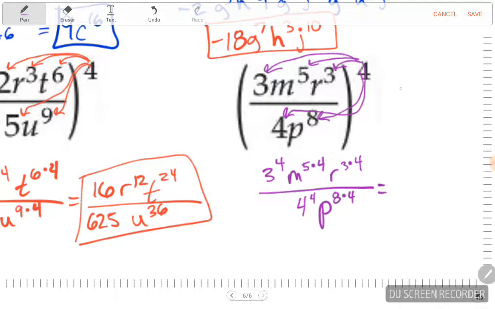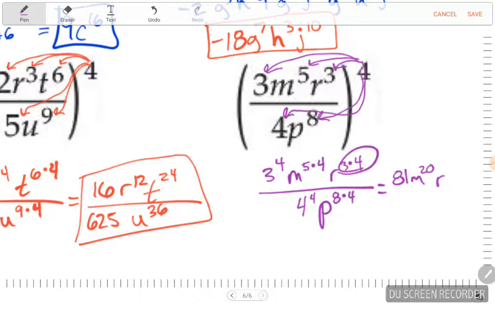3 to the 4th is going to be, let's see, 3 times 3 is 9, times 3 is 27, times 3 is 81. Okay, so I've got 81 times M, 5 times 4 is 20, so that's to the 20th power.